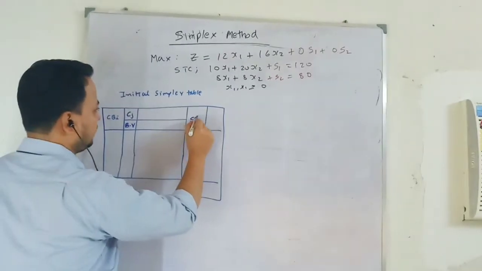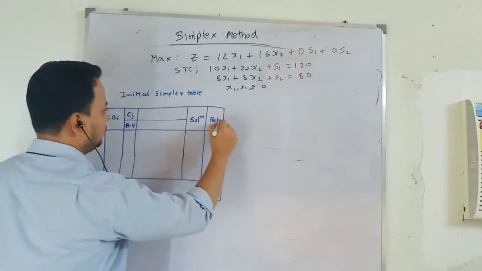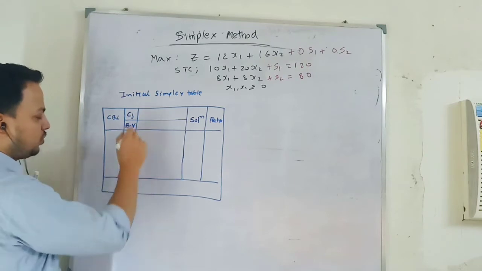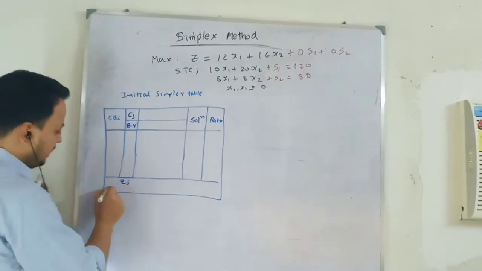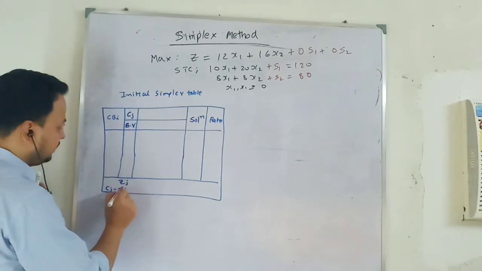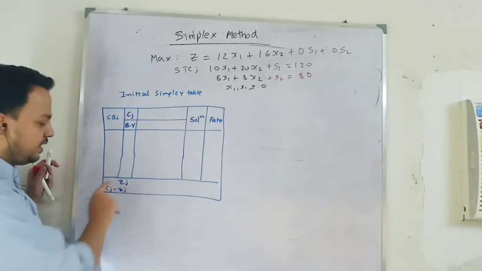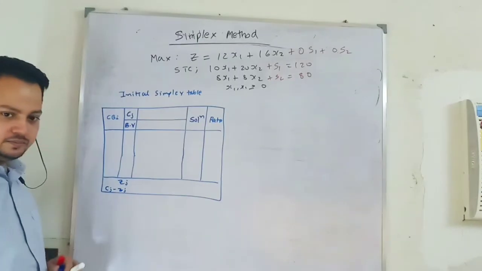Here is your solution. Here you will write the ratio. Zj is the value of the objective function corresponding to that column. And Cj minus Zj: Cj is the cost coefficient, Zj is the value of your objective function. So I will look at the differences.